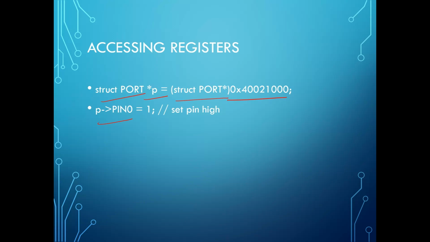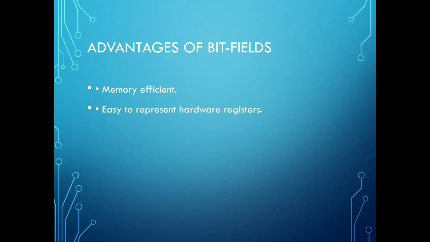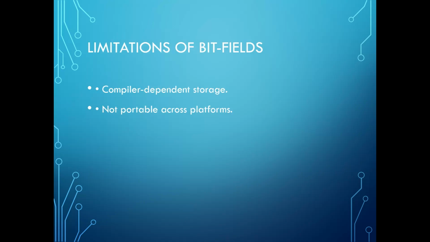So what is the advantage of bit fields? It's very memory efficient. It makes code easier to read. There is no need for manual bit masking. Perfect for representing status, flags, and hardware registers. What is the limitation of bit fields?